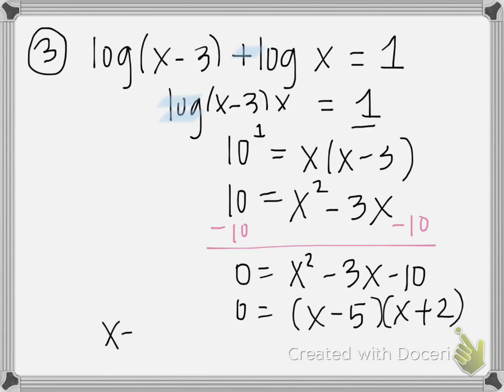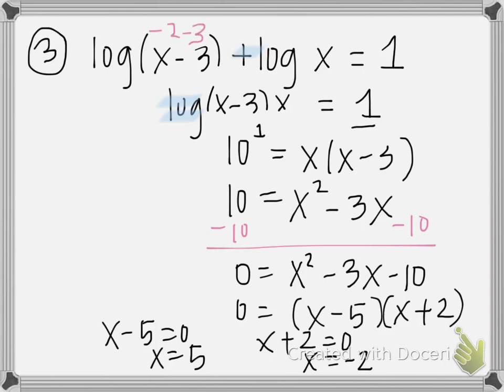I set both of those equal to 0. Well, the negative 2 right there is going to cause something inside there to be negative. So my only answer is going to be 5.